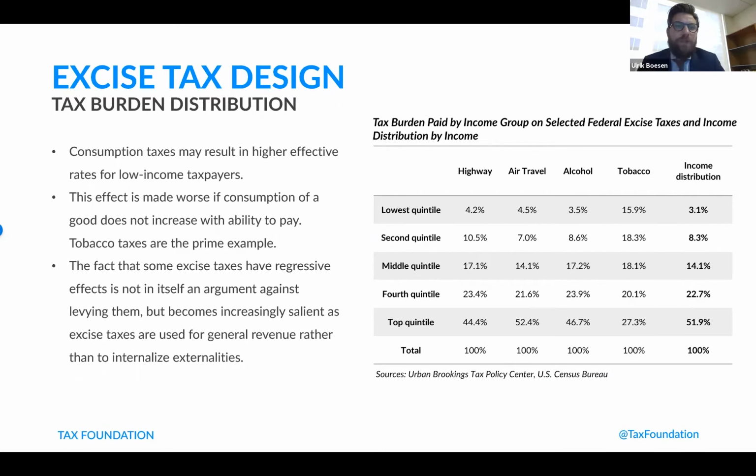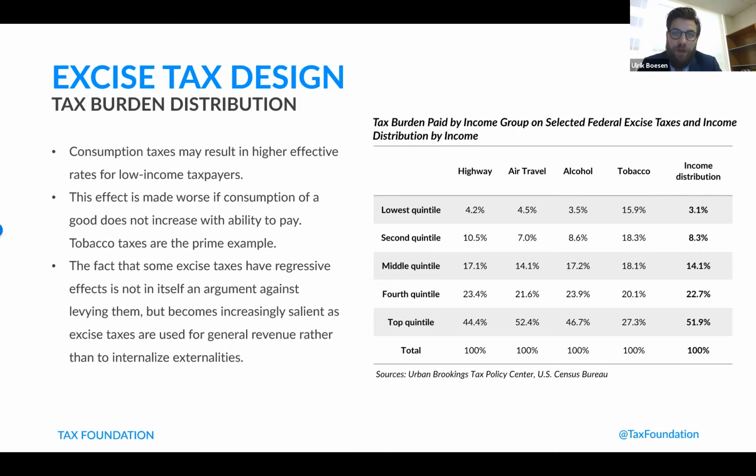Now, I've already mentioned that the tax burden falls on lower income to a higher degree than it does on the high income. This is true for most consumption taxes. They generally result in higher effective rates for low-income taxpayers. But for certain excise taxes, this effect is made worse because consumption doesn't necessarily follow an increase in ability to pay.